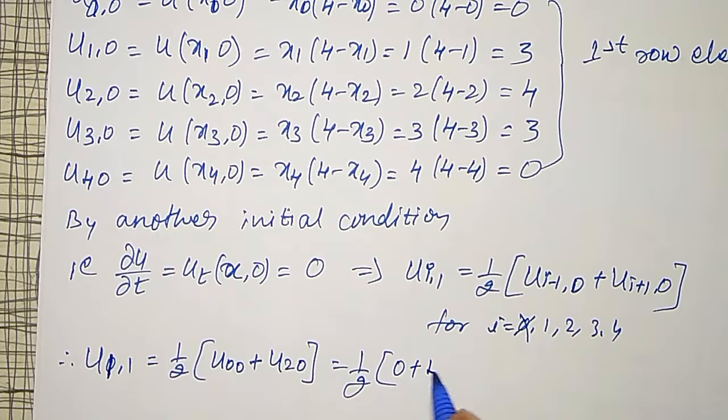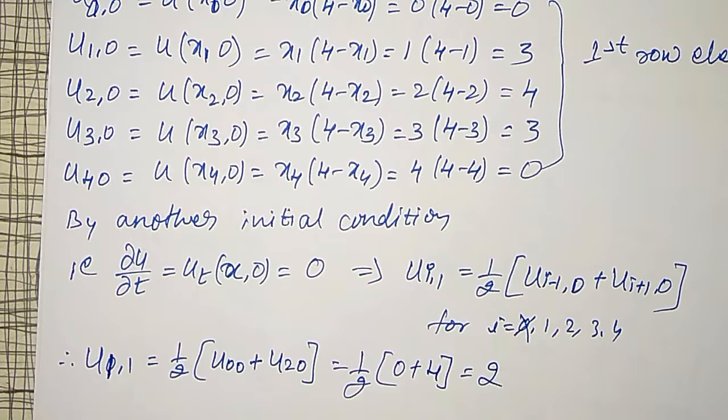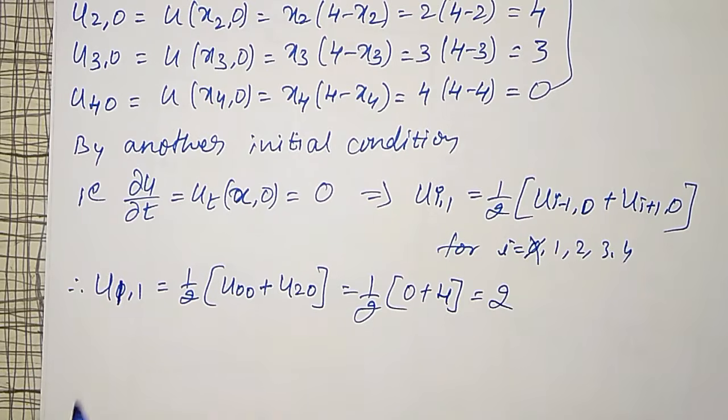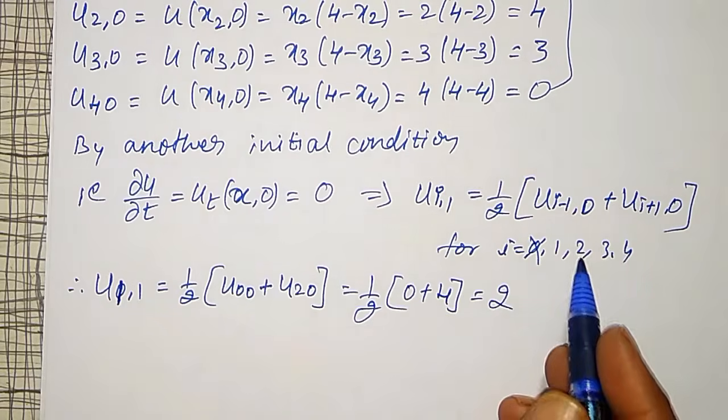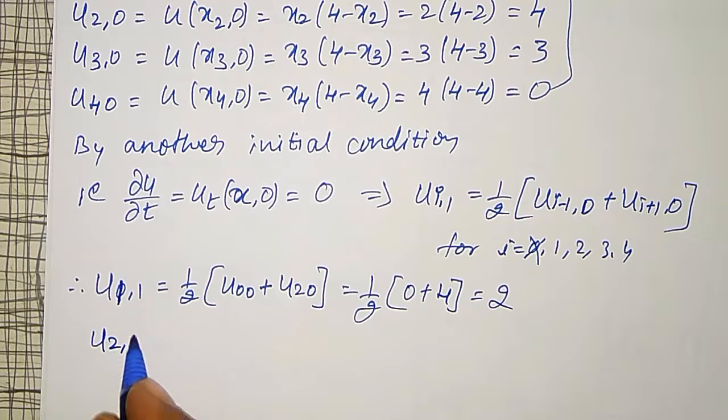Therefore 0 plus 4 is 4, 4 divided by 2 is 2.